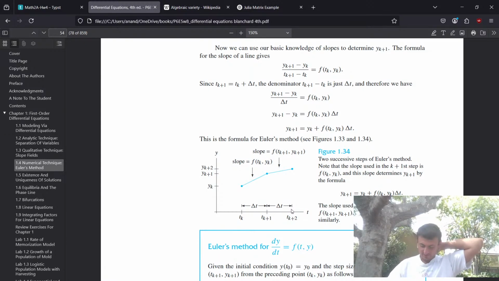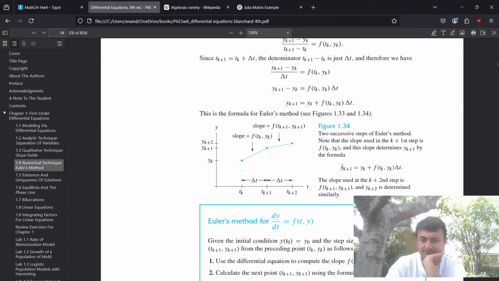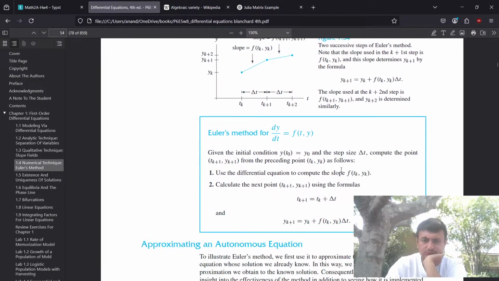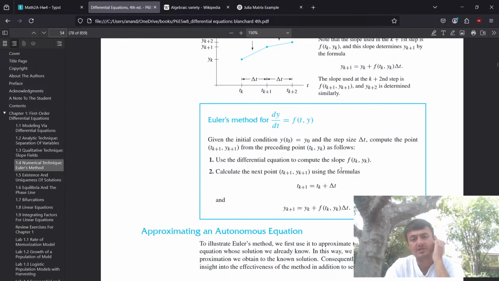Okay, great. So now we have derived Euler's method. Here's the description of it. Given the initial condition y of t0 is equal to y0 and the step size delta t, compute the point tk plus 1, yk plus 1 from the preceding point by using the differential equation to compute the slope.